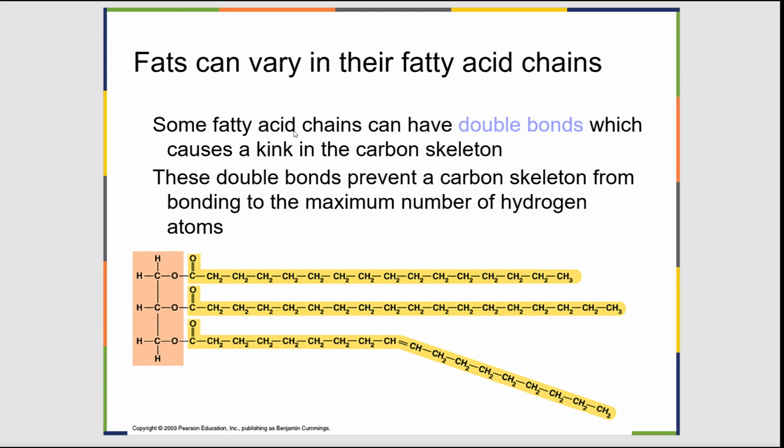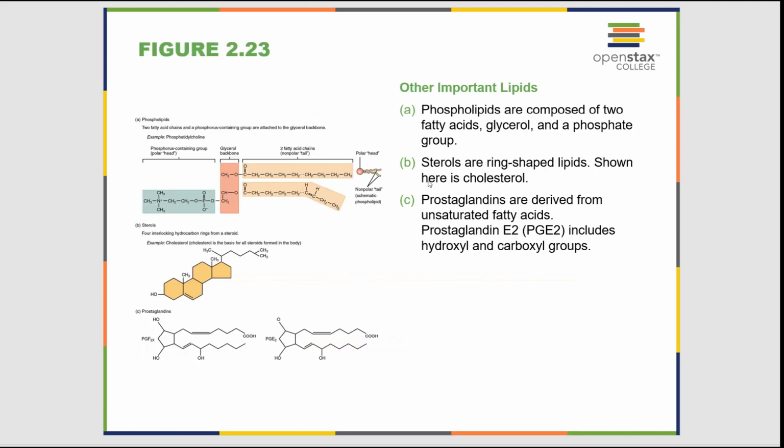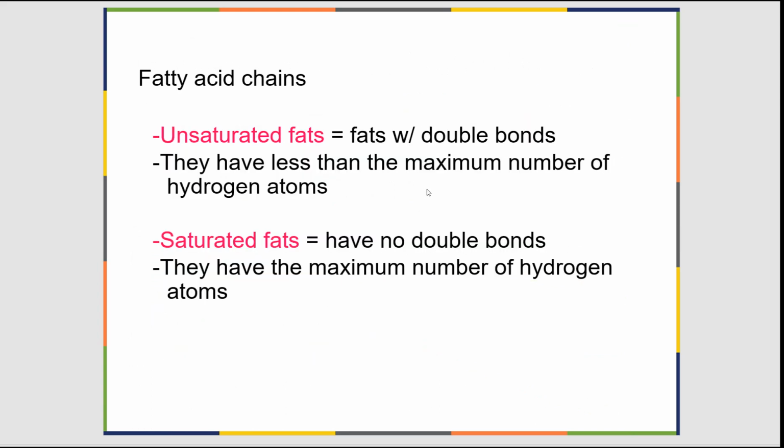So fatty acids with the double bond, so this is our glycerol head and our 3 fatty acid tails that make up the triglyceride. You can have one or all 3 of these having this double bond kink. That double bond kink is going to prevent them from stacking really close together, and it's going to prevent them from becoming a solid at room temperature, okay?